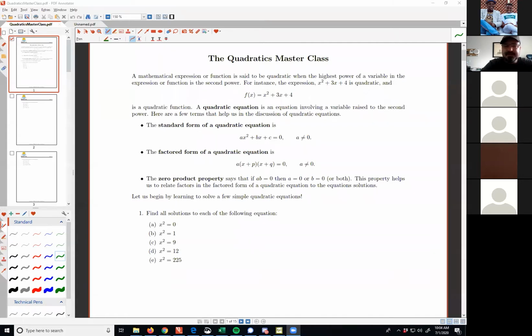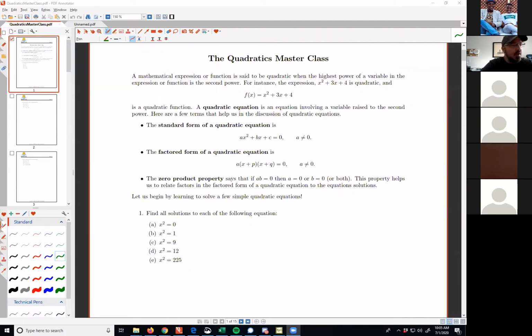We're going to definitely discuss some harder problems that involve quadratics, but we are going to start from the very simple and make sure that we all have a very common understanding of what to do with quadratics. So let's take a look at problem number 1 here, and let's talk about some solutions.